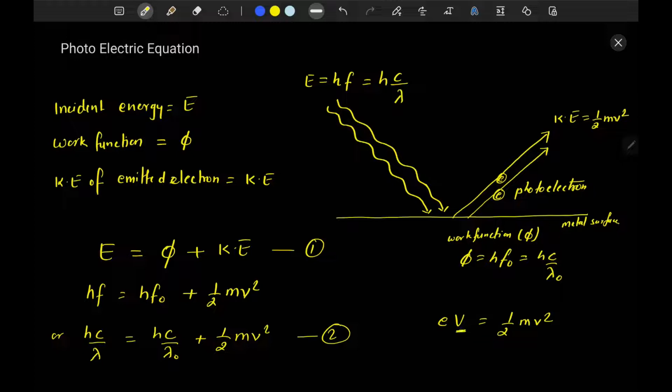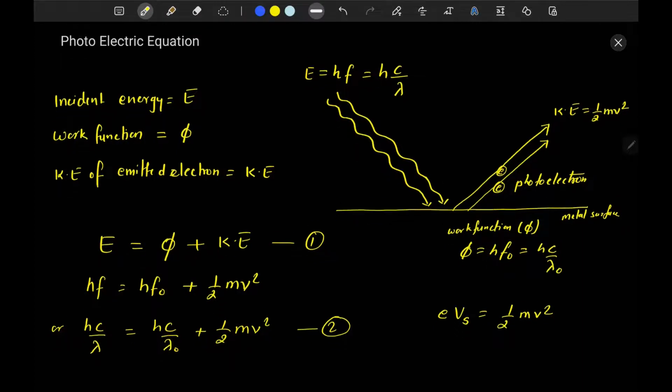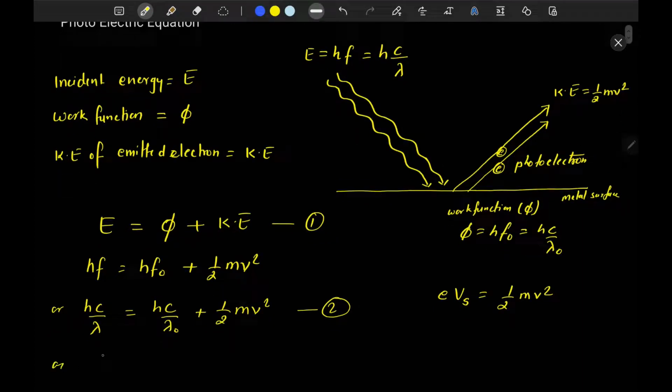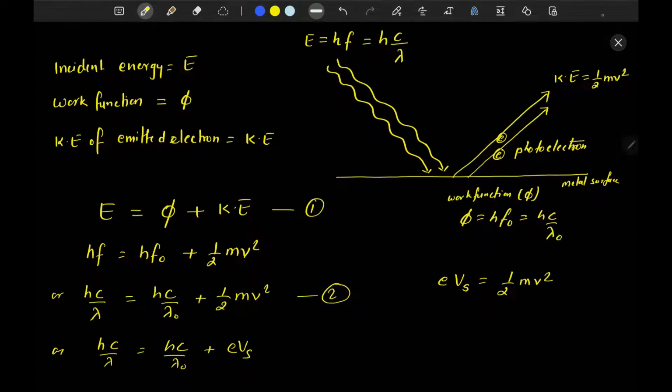Since this potential stops the motion of the electron, it is called stopping potential and denoted by eVs. So equation 2 can again be written as hc by lambda is equal to hc by lambda naught plus eVs.